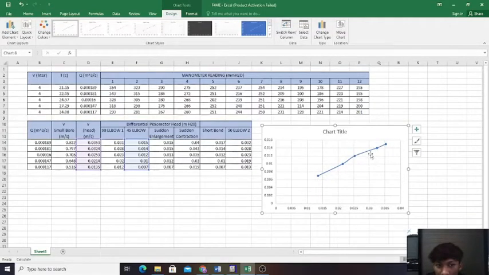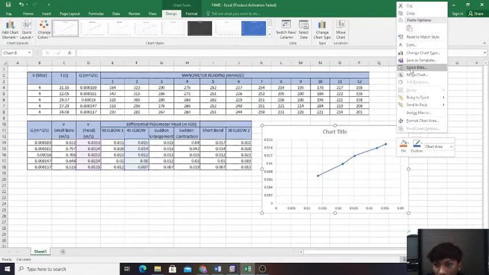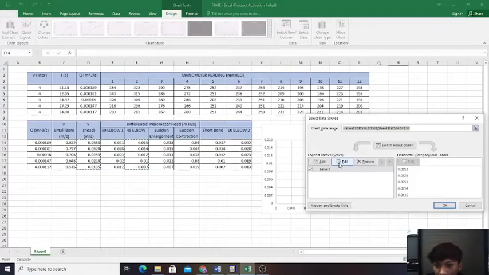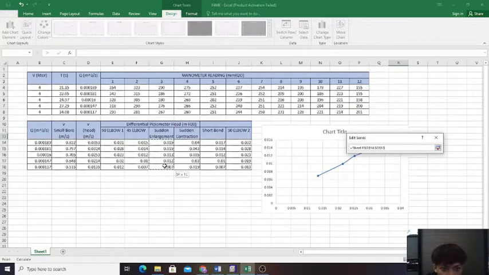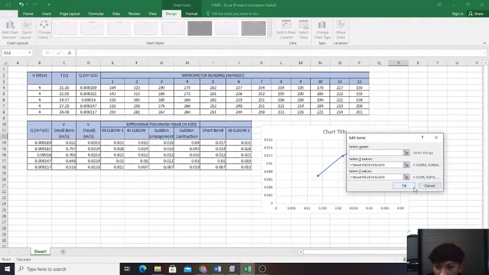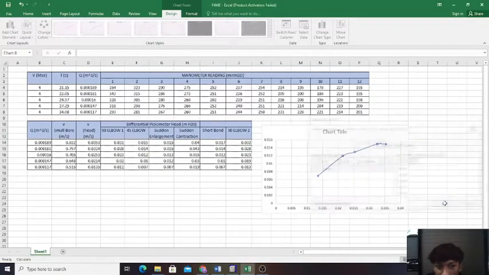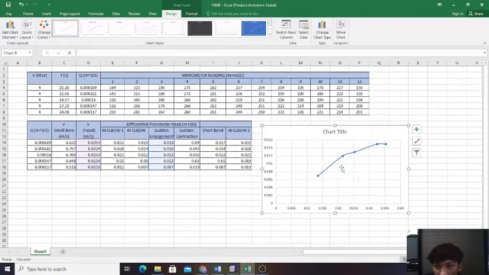So this is the second graph, and then for the third graph we also change only the y value, which is the sudden enlargement. So this is the third graph.